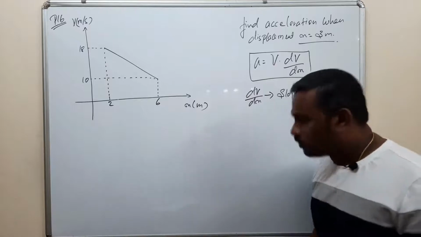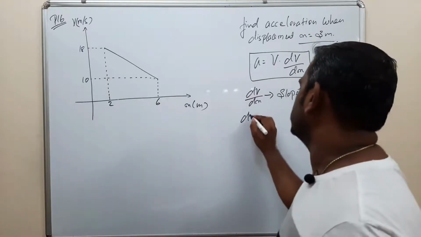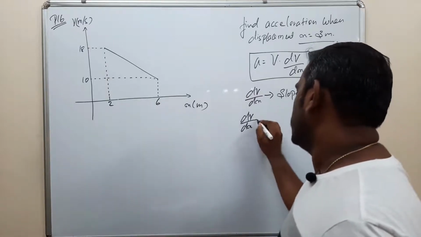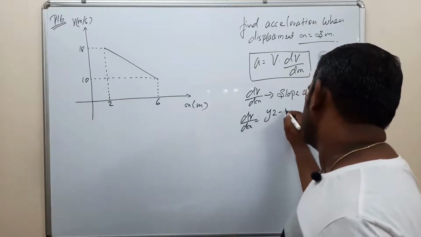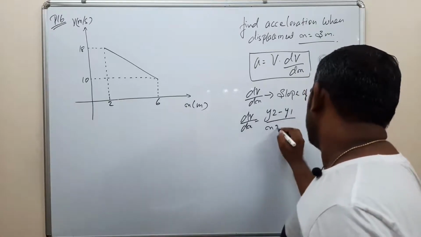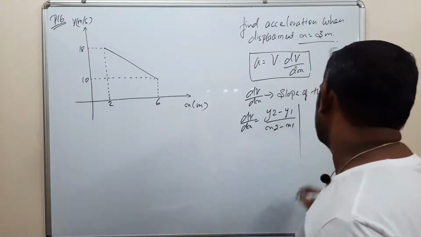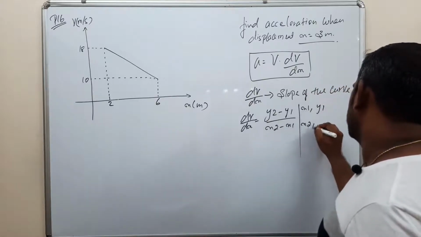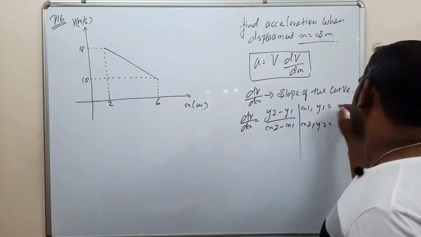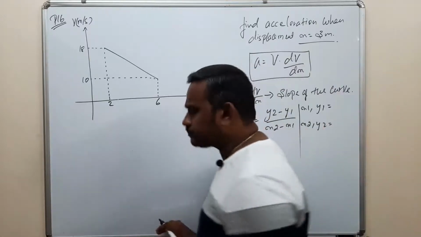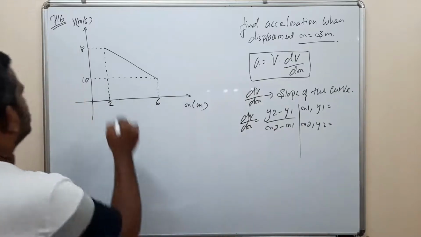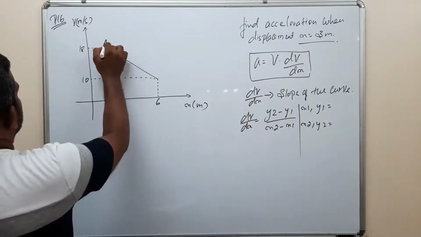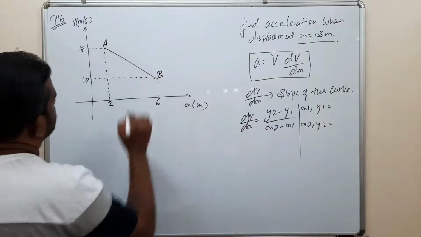Slope of the curve means dv by dx is equal to (y2 minus y1) divided by (x2 minus x1), with points (x1, y1) and (x2, y2). Here I am taking this point as A and this as B.